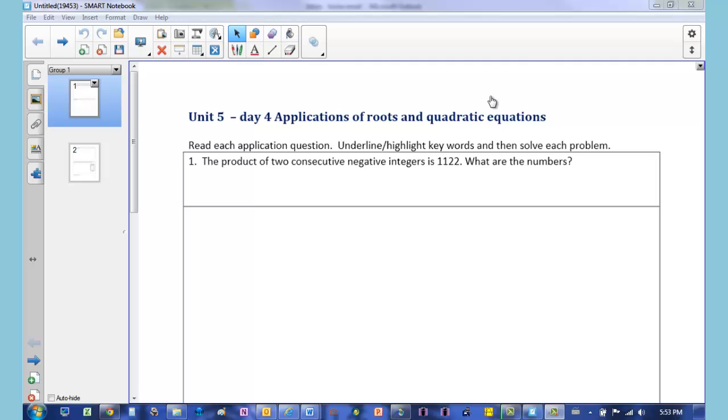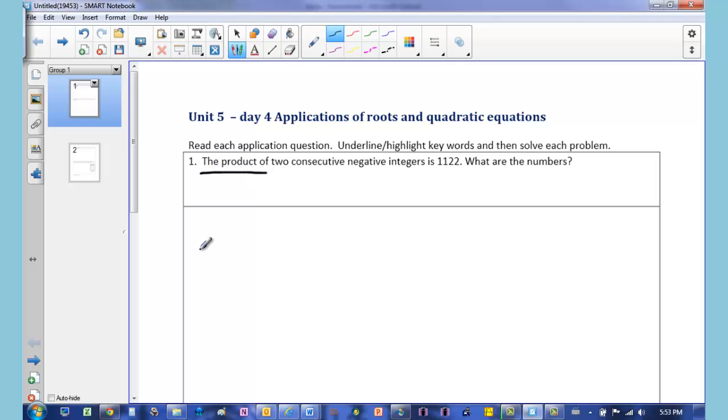The product of two consecutive negative integers is 1122. What are the numbers? Well, we start with the first keyword, the product. What does the word product mean? Well, product means multiplication, right? We're multiplying something.